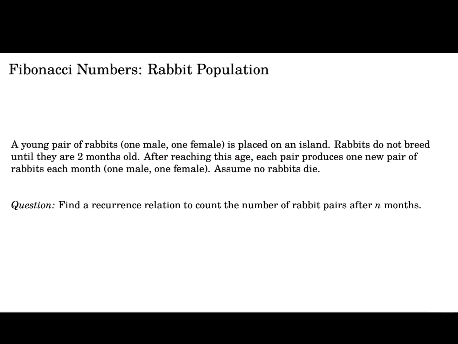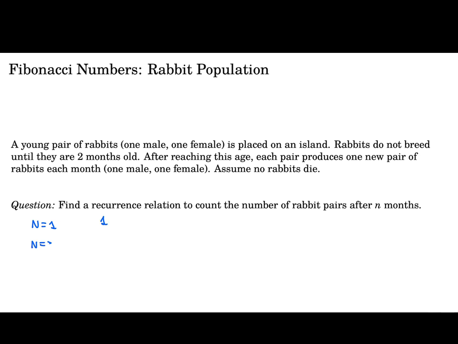And so the question is, or what we want, is to find the recurrence relation to count the number of rabbit pairs after n months. So in month 1, when n is equal to 1, you start with one rabbit pair.